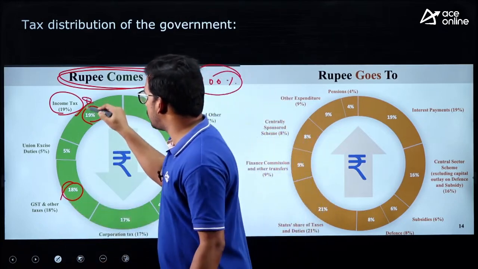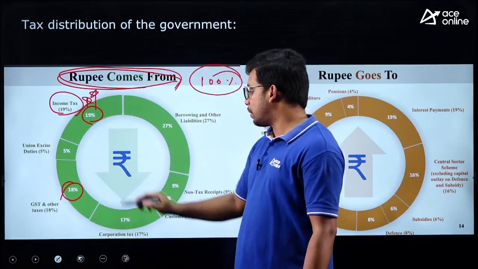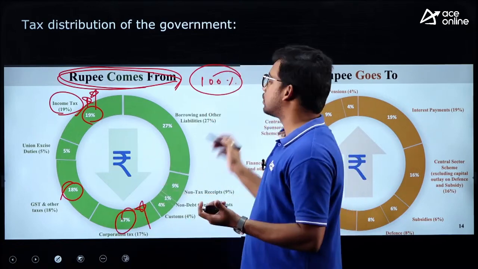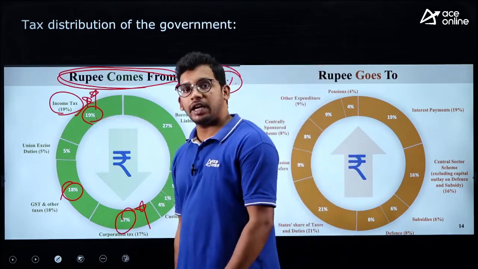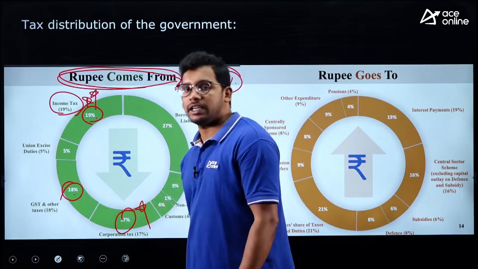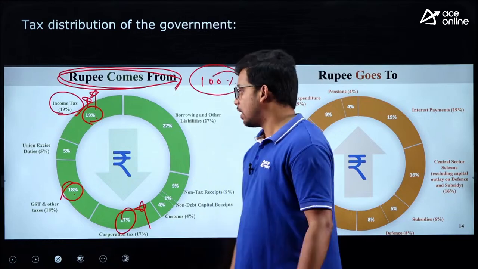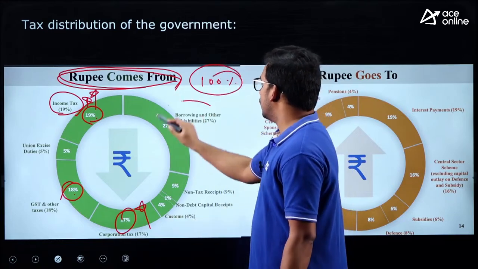So this is the most dominant one, need to remember, followed by GST and then corporate tax. So out of the 100 paise, government is getting 19 paise from the income tax, 18 paise from the GST, 17 paise from the corporate tax, and after that you can see the distribution.